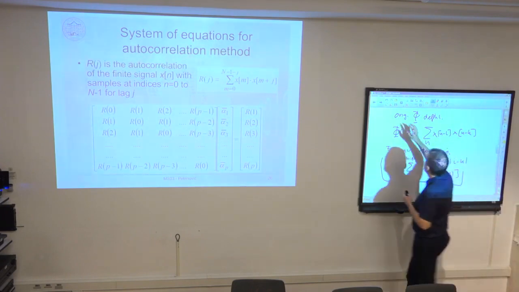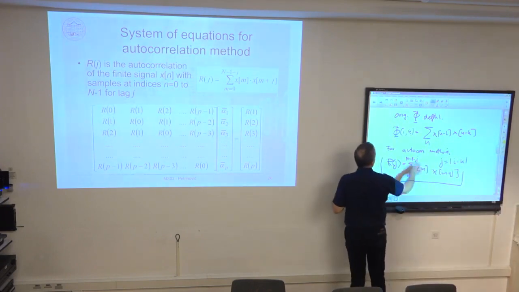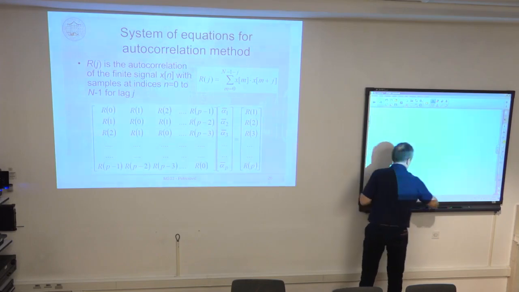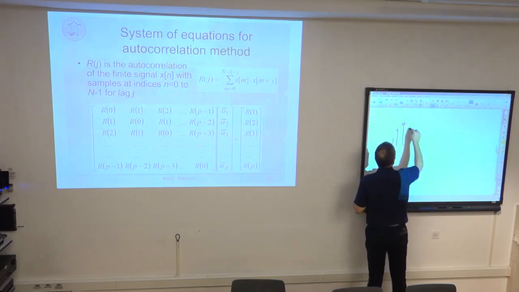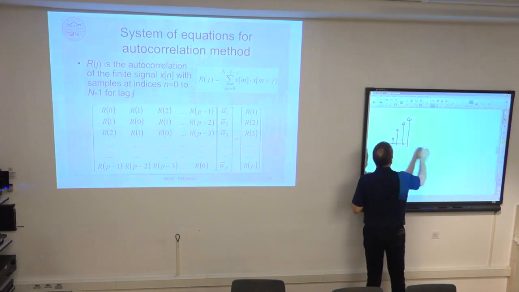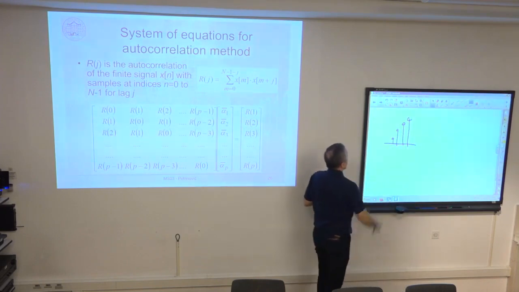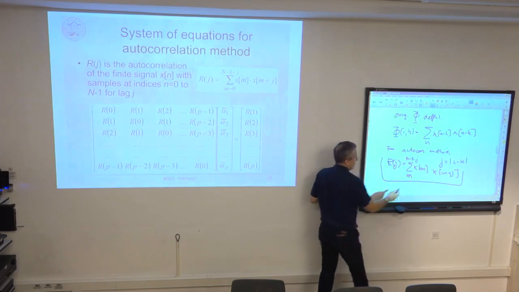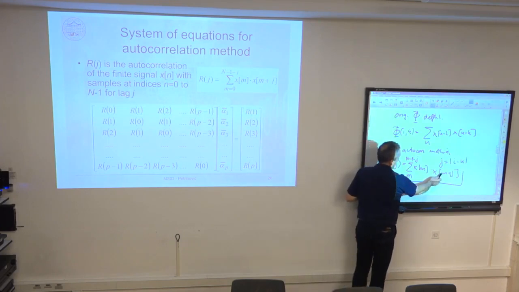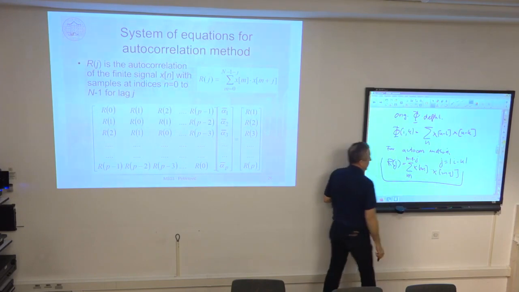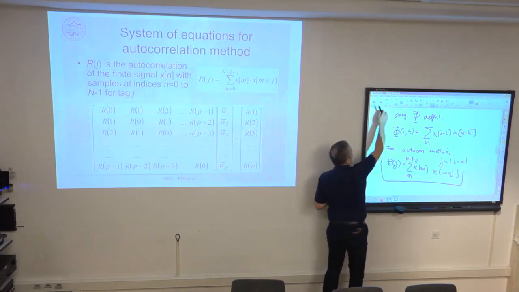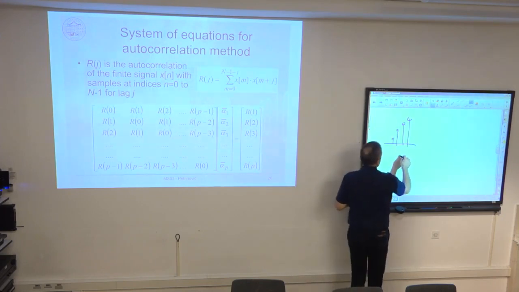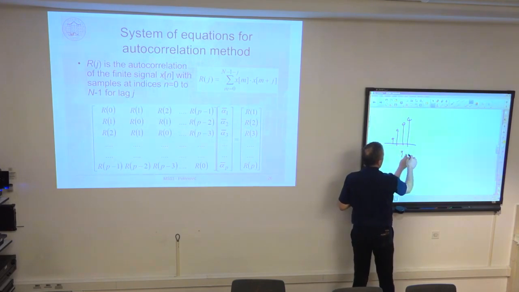Let's say I have the original finite signal, x of m, of finite length, with only 4 samples. The other signal is simply shifted by a chosen number of samples. Let's say it is shifted by 2 samples, so I am computing R of 2. What I do is shift it in time.